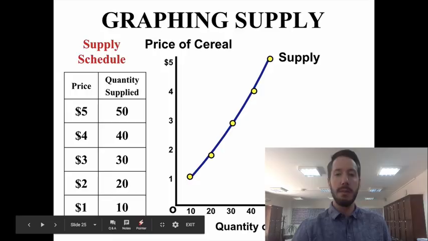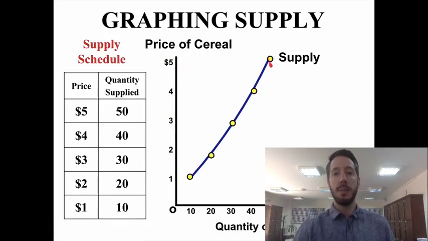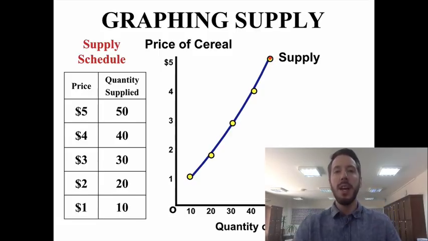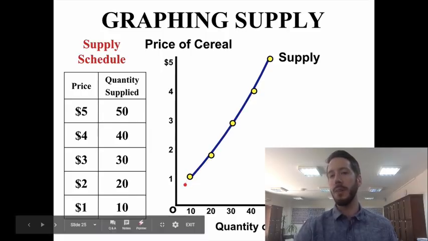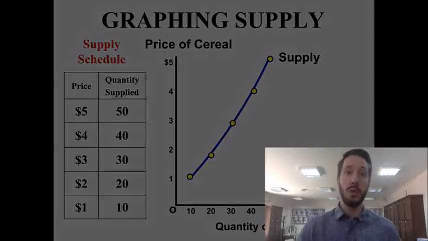We have the quantity of, let's say, cereal that producers are willing to put out in the market and the price of that cereal. Notice when the price of cereal is 5 JD or $5 or 5 euros, supply is pretty high, because you want to put as much of that product out as possible. But as the price goes down, you don't want to put more product out because it's going to be sitting on the shelves and people aren't going to buy it, and you're going to be wasting money. You're losing profit. So that's how the curve works.